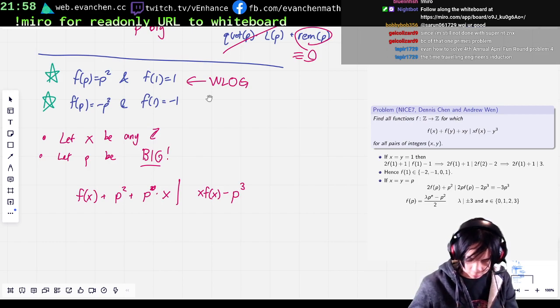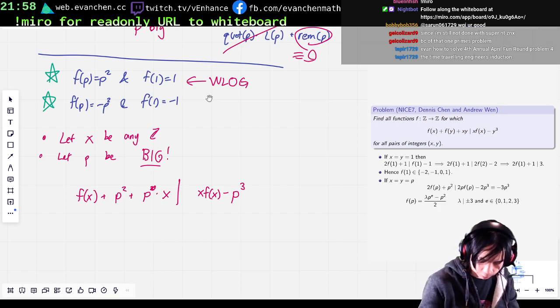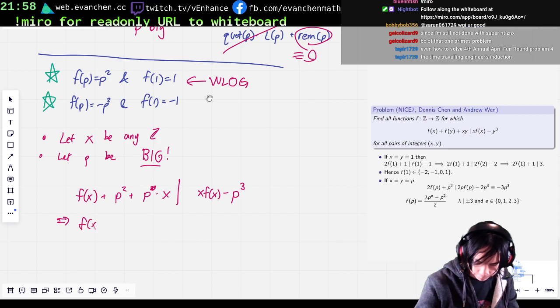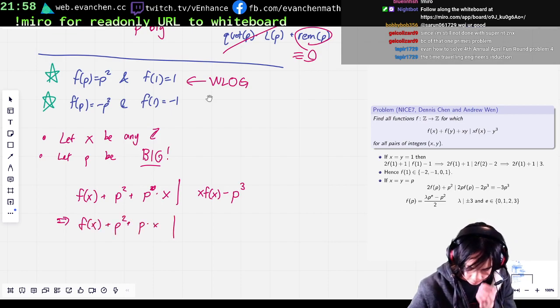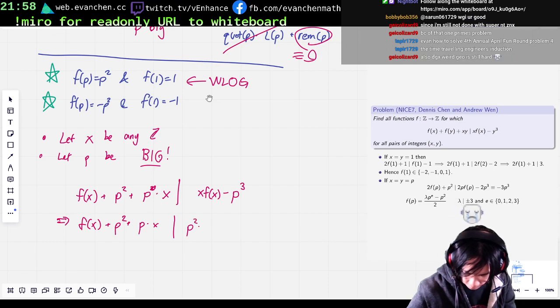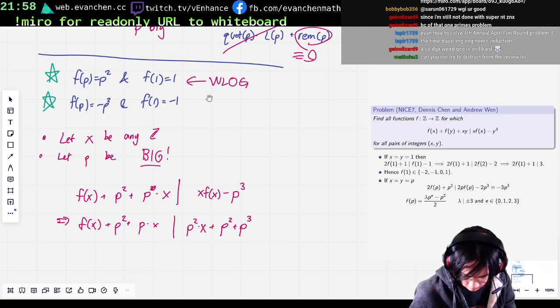Okay, so we'll do the usual where we're going to subtract a multiple of x times the thing. f of x plus p squared plus p times x divides, let's see, x times it, right? So p squared times x plus p squared plus p cubed. The heck?